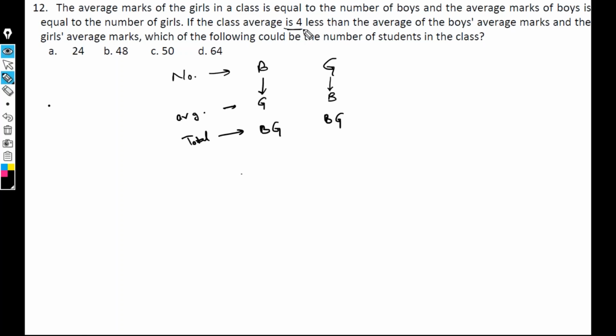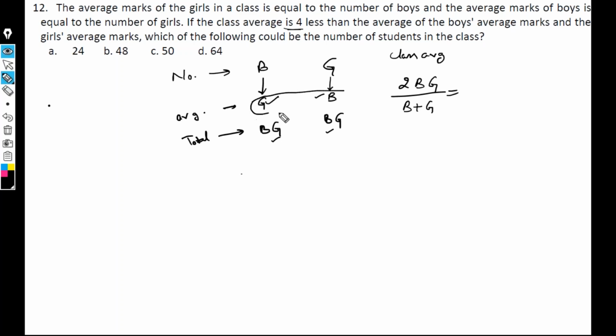Now the next information is critical. If the class average is 4 less than, so the class average will be total marks, which is BG plus BG, twice of B into G, divided by the total number of students, which is B plus G. So this is the class average. It is 4 less than the average of the boys' average marks and the girls' average marks.